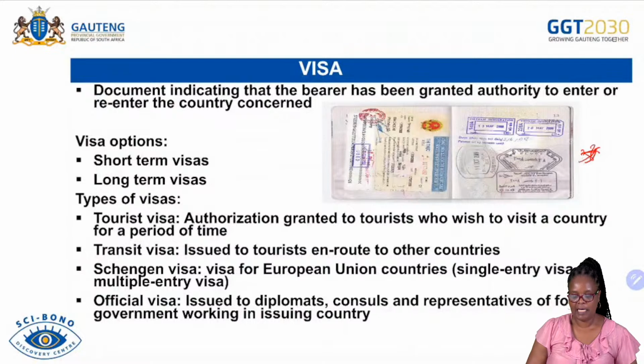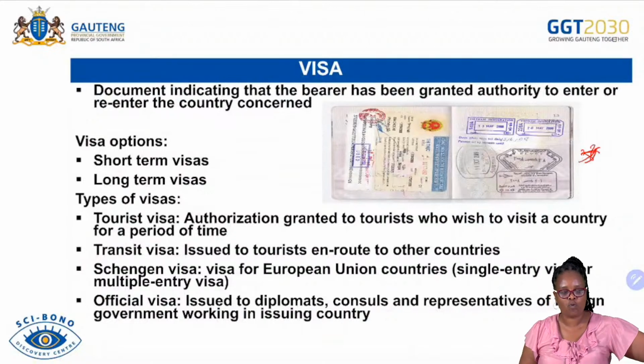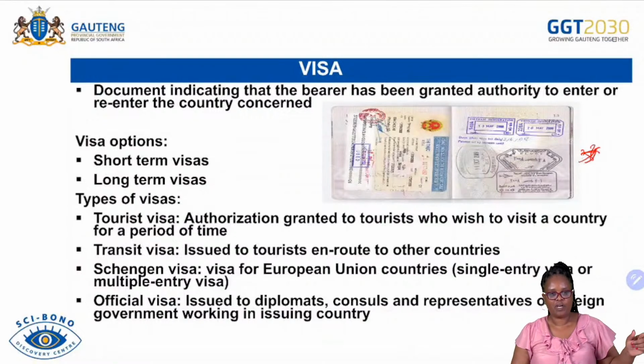It means it allows you to enter that country even though you are not planning to visit there. You are not visiting that country. You are just passing through. You are just entering for a connecting flight.